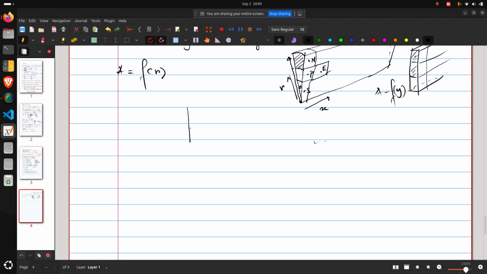So at r equal to 0, your face will be something like this. This will be say r is equal to 0, and this will be r is equal to some delta r, but you will still have some area. The area will be nothing but delta r delta theta.